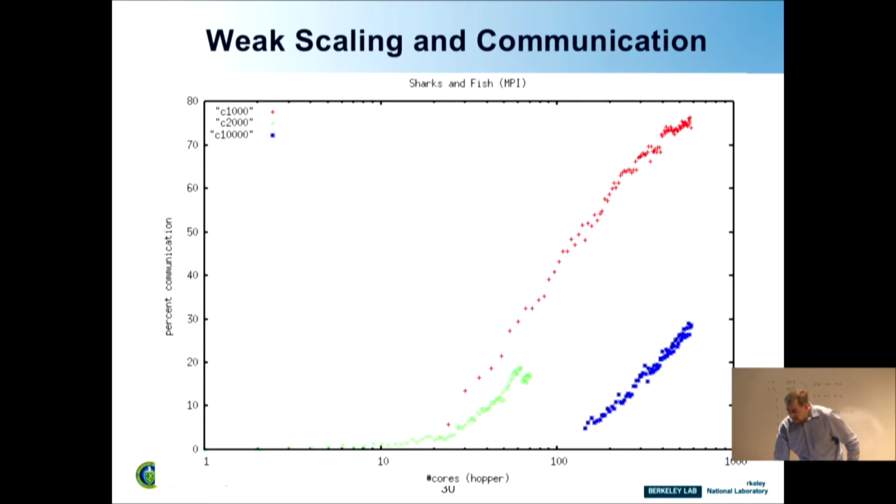I'm going to speed up here a little bit. So this is the last part about scaling studies, just that this is showing weak scaling. X-axis is concurrency, Y-axis is percentage of time in communication. The blue is a big, big problem. The red is a small problem, and the green is an in-between problem.